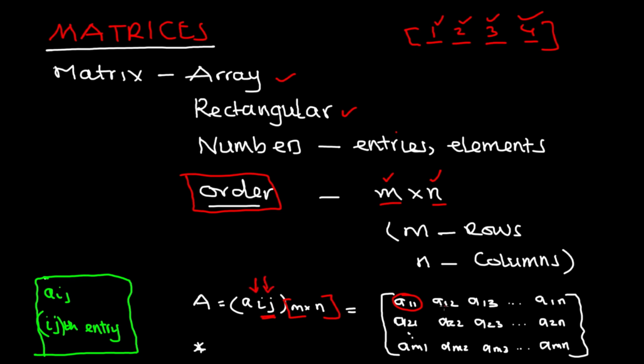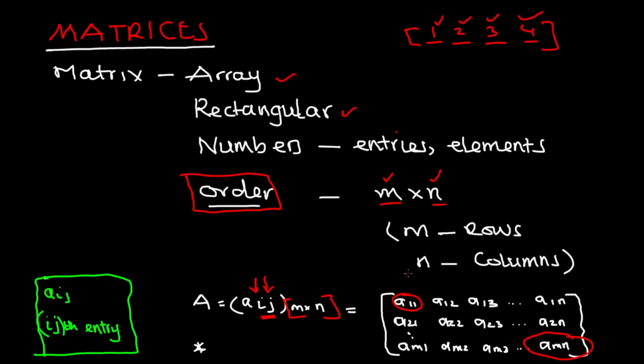So this is position 1 1, row number 1, column 1, so they meet here. This is 1 2, meaning that we are still in row number 1, but then column number 2, and so on and so forth. You'll see that we'll go on till we get to this last element here, which is M by N, and this gives you the order of the matrix.